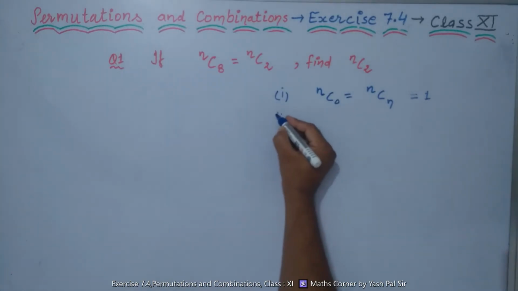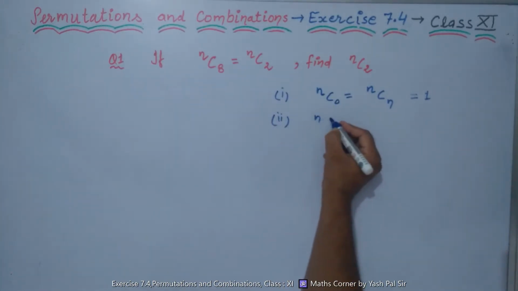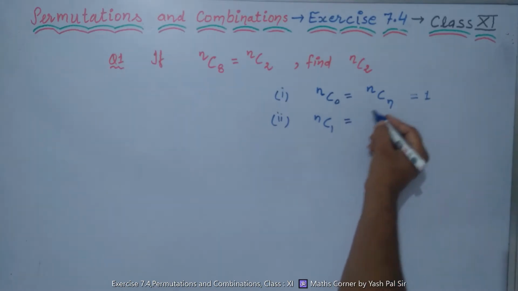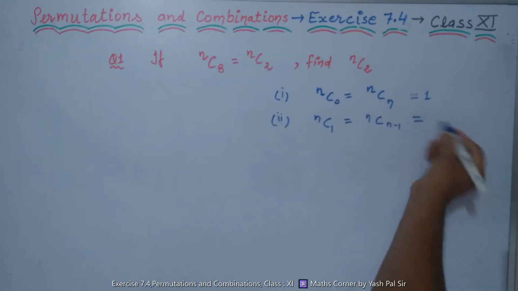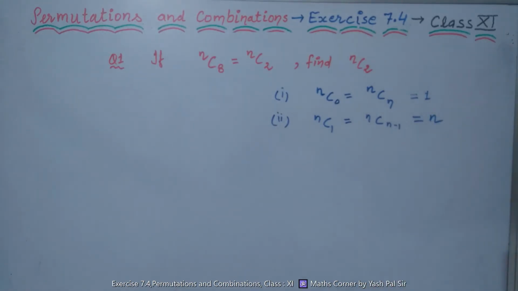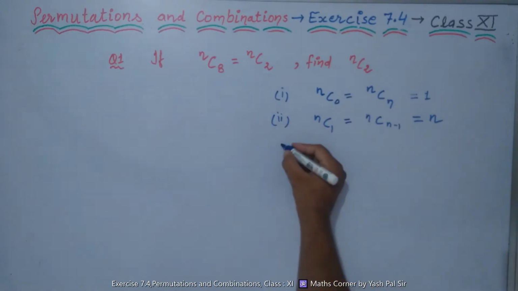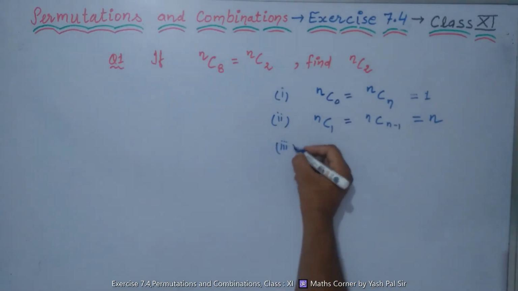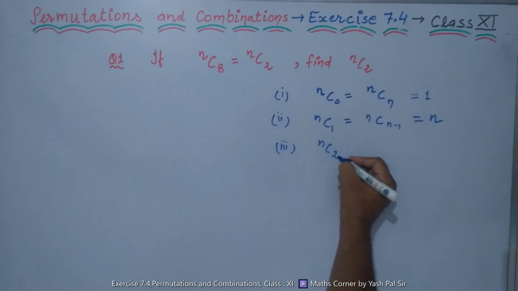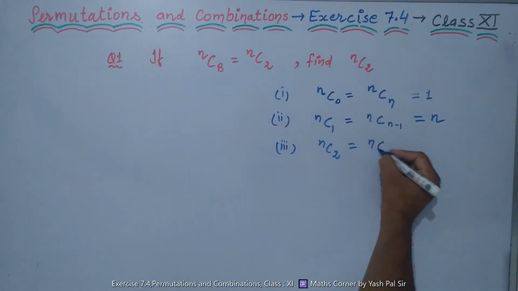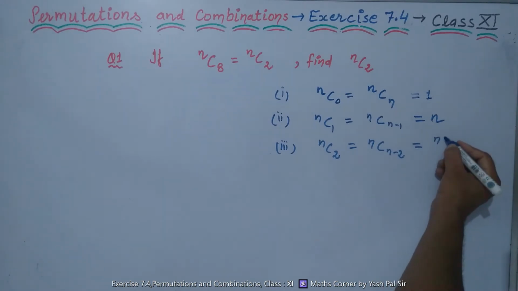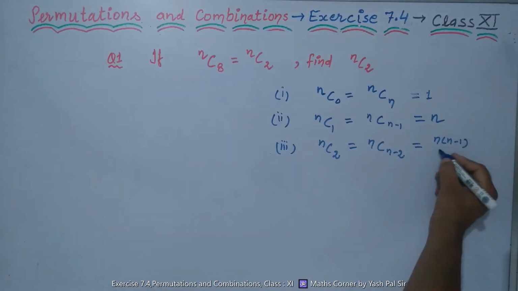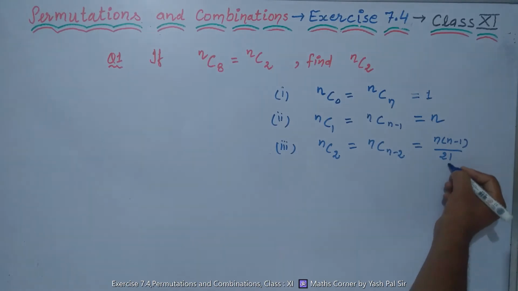Number 2 is nC1 is equal to, one step before, nC(n minus 1), this will be equal to n. And third, nC2 is equal to nC(n minus 2) is equal to n into (n minus 1) upon 2 factorial.